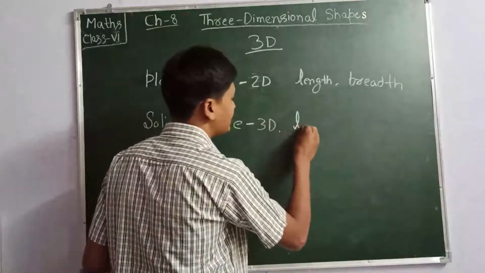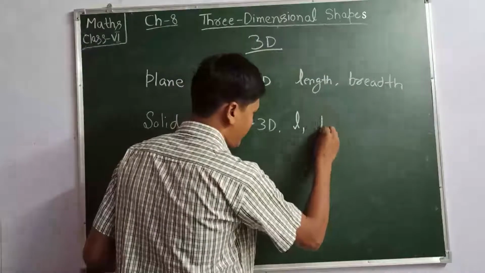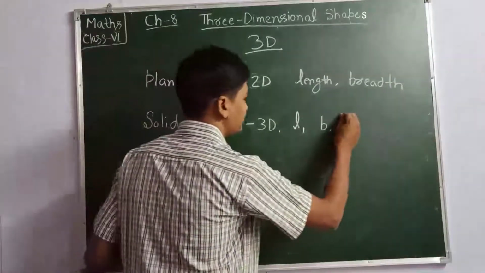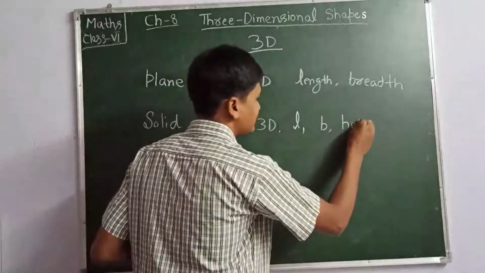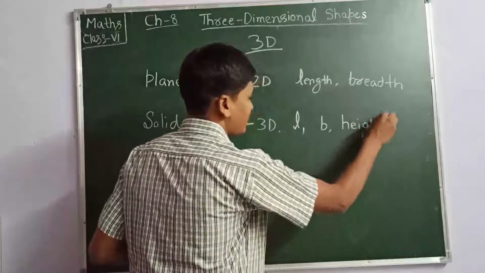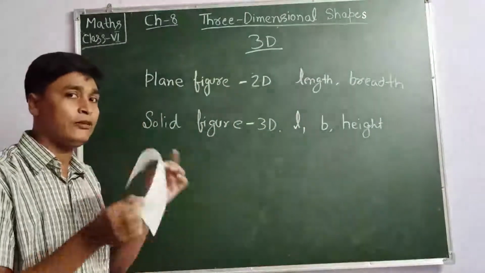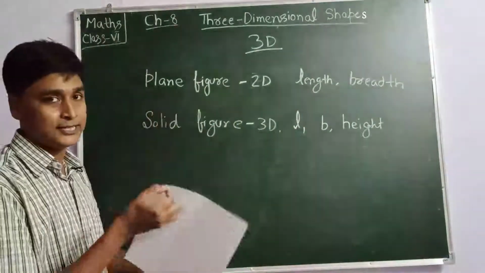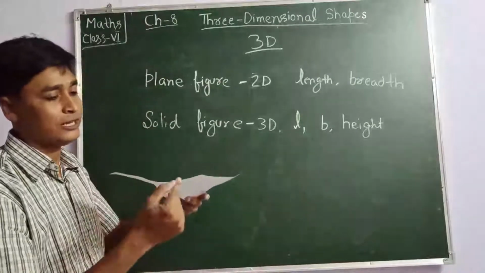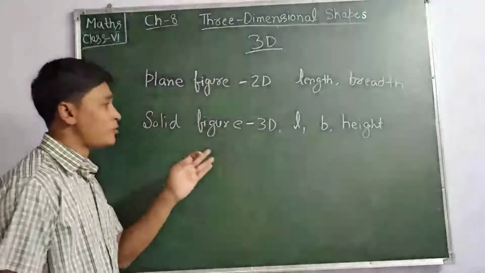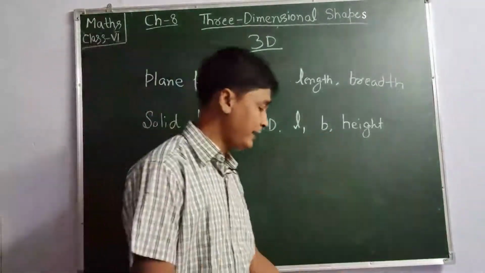We have a length, a breadth, and one more thing in 3 dimensions, that is height. This is an example of a plane figure that has 2 dimensions, length and breadth. And an example of a solid figure, 3D, has length, breadth and height.